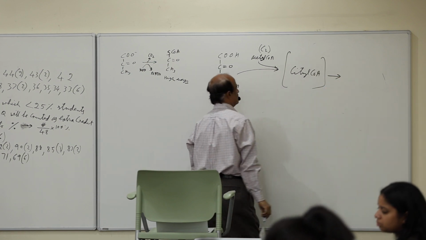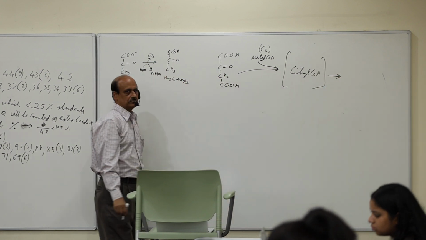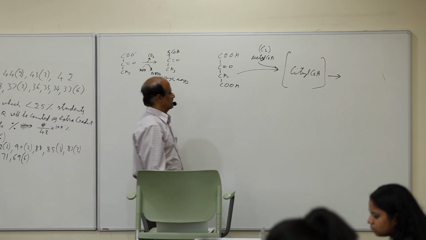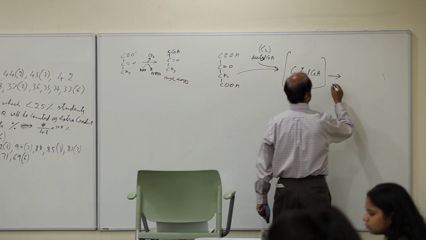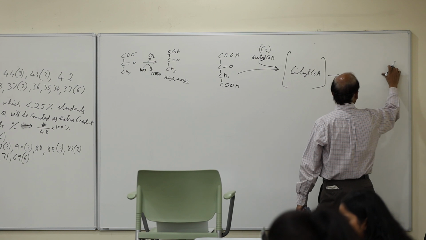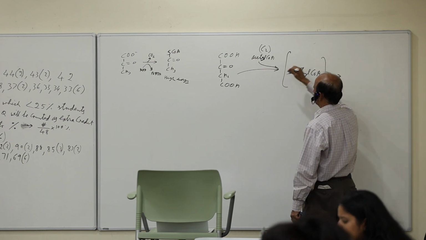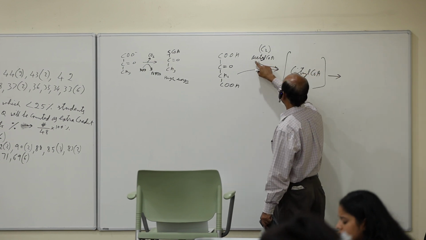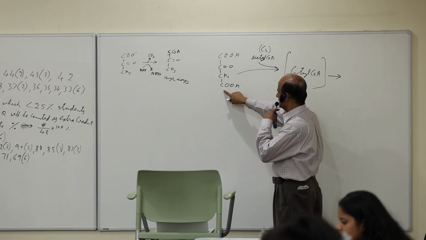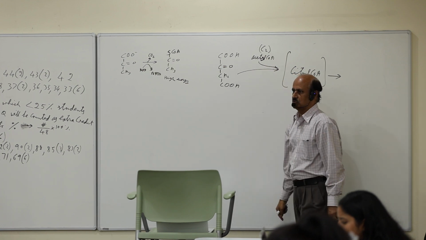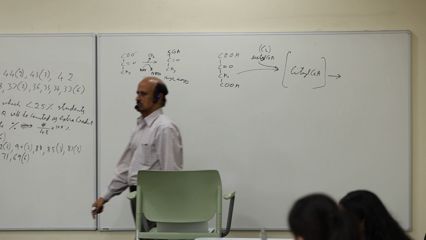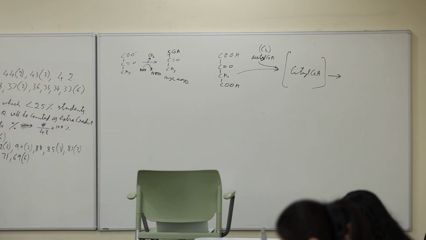And then it gives you the citric acid. So that's the name of the cycle. So citric acid, basically these carbons here combine with this one. So that will give you 3 carboxylic acid groups and citric acid.